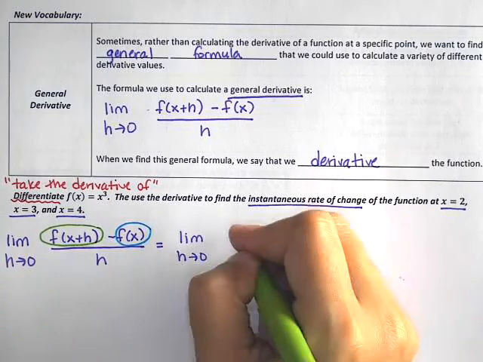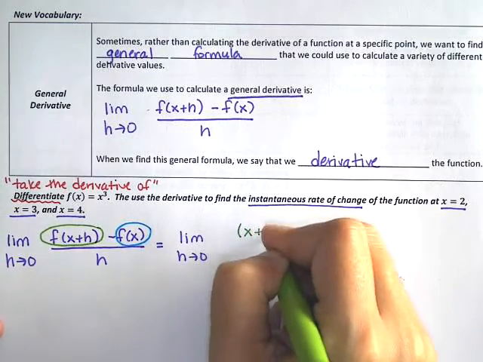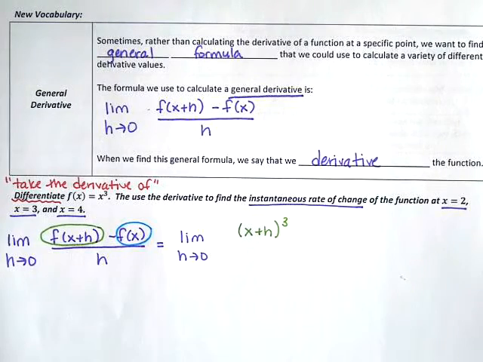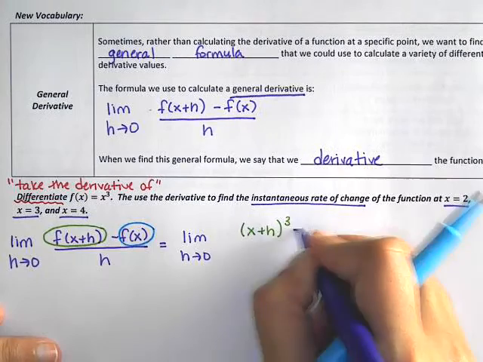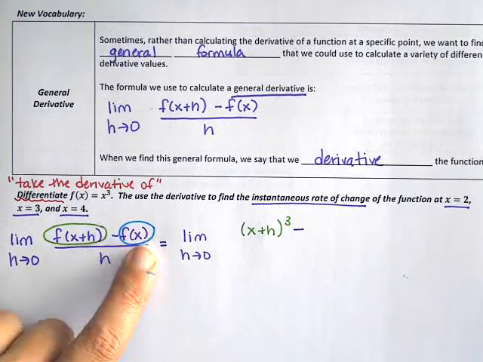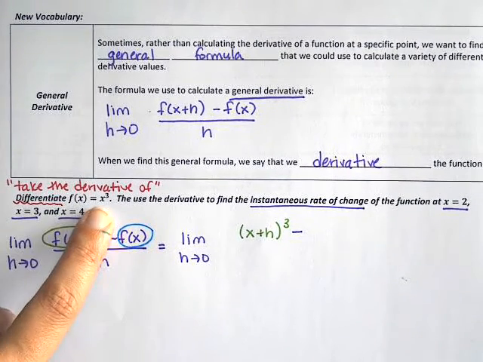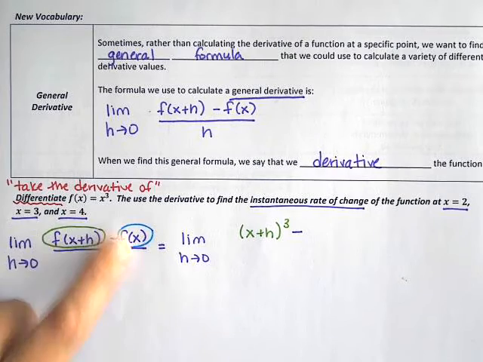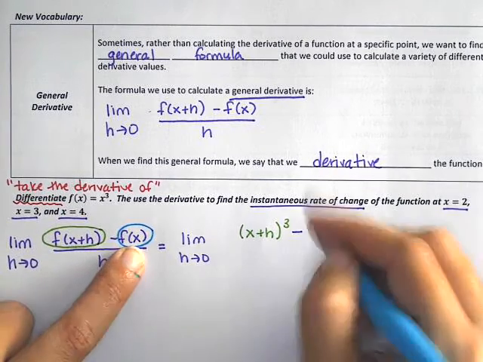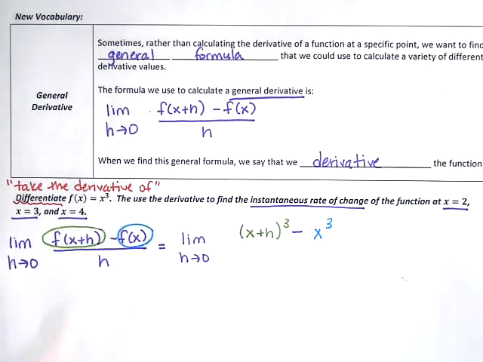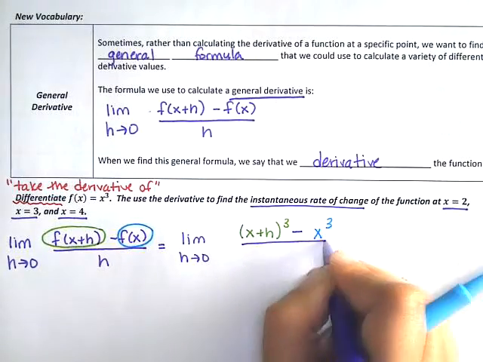So instead of x cubed, it's going to be x plus h cubed. Does that make sense? Then minus f of x, which means go back to the original formula, and it's just the original function. So we're not changing it, it's just an x still. So we would have x cubed all over h.